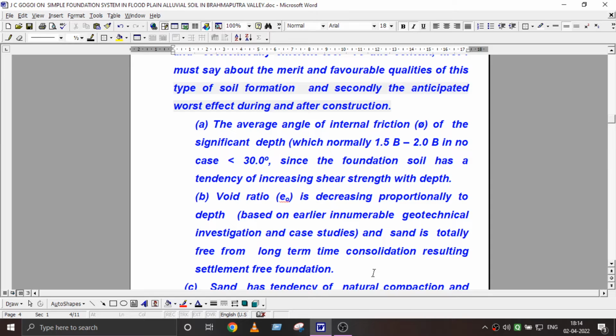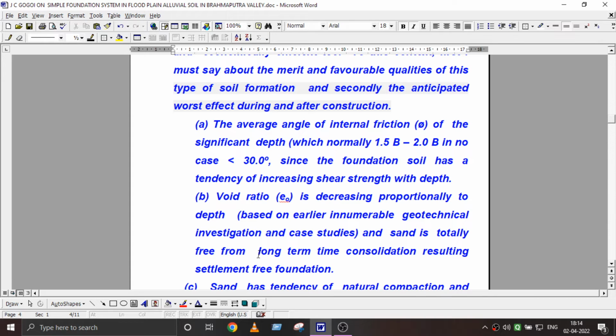The less the permeability, the higher the settlement time, because from a clay soil, an impervious soil, where permeability is 10 to the power -7 or -9, no water can come out from the pores.